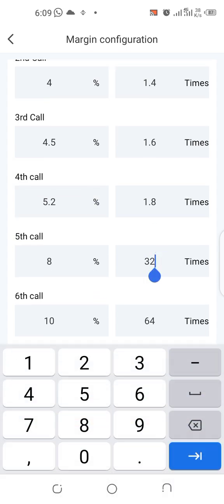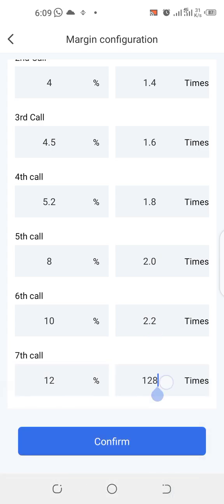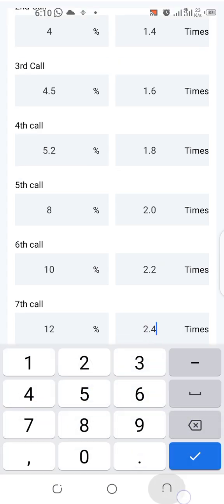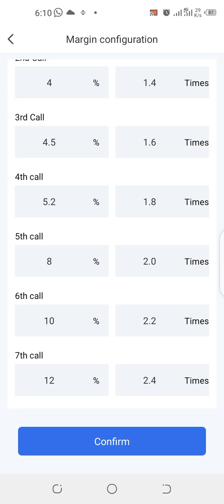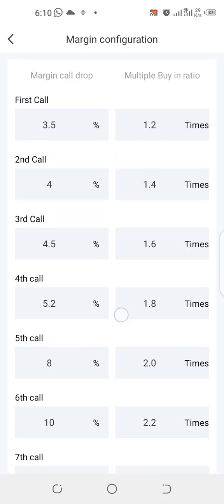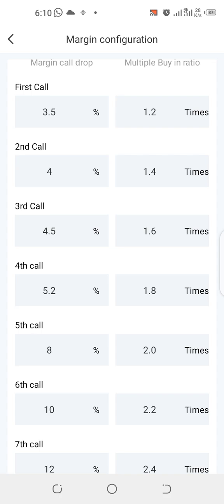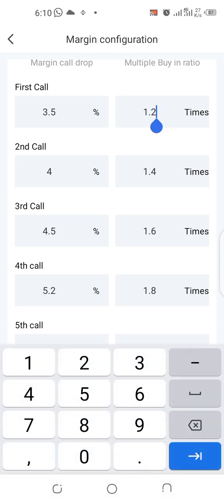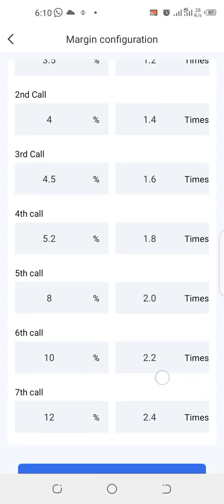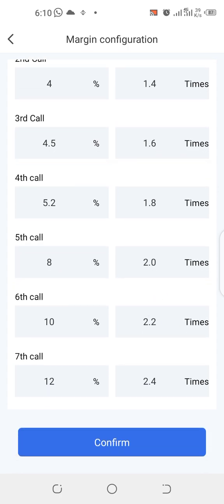I've not calculated this, so let's just run with it and see. 2.2, 2.4. Of course, the more you can allocate as it drops, the better, the faster you can sell out, because the average price will drop much more significantly. But if you don't have more than 150, there's a limit to how much you can allocate to each one. Now, if you add all of this together, this 3.6 plus 3.6 plus 3.6, that's 10.8 plus 1.8, that's 12.6.